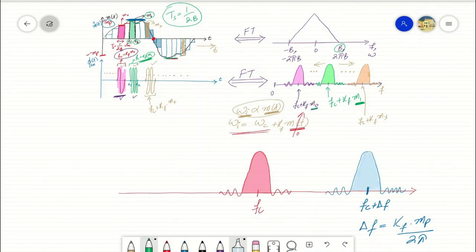And when a negative peak of the information signal, that is minus MP, is observed, a negative shift in the frequency of the modulated signal will be experienced, and the frequency of the sinusoid generated for the block will be Fc minus delta f, where delta f refers to the peak frequency deviation observed for this modulation.